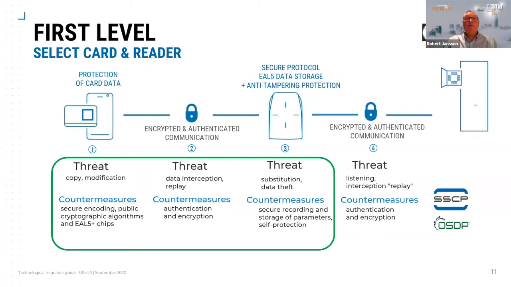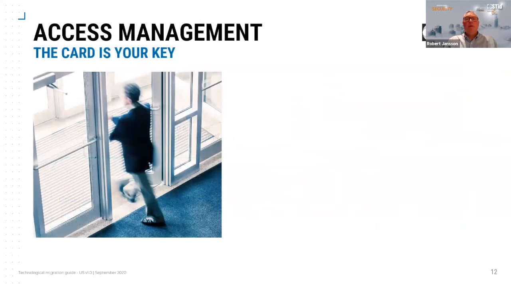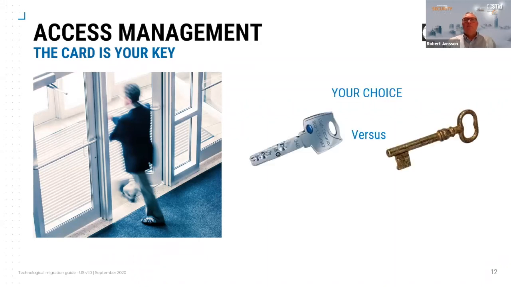So when you look at your own facility, your home or your office, and you're looking at standard mechanical locks, you very often have this choice. So what would be your choice? Well, here it's quite easy to say what choice would be yours. You would hardly choose the right key there.